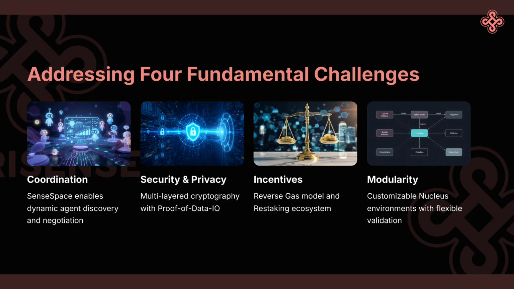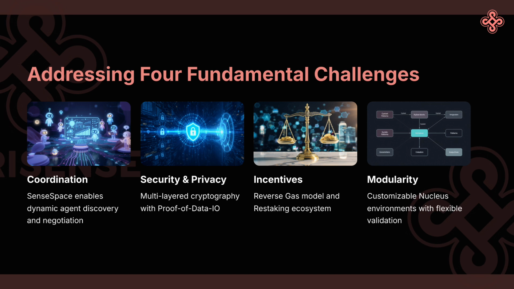The third challenge involves creating robust incentive mechanisms. A sustainable agent ecosystem needs incentive structures that encourage honest participation and collaboration. Poorly designed incentives may spark selfish behavior, free riding, or inadequate resource contributions. Verisense addresses this with its unique combination of architectural and economic models.